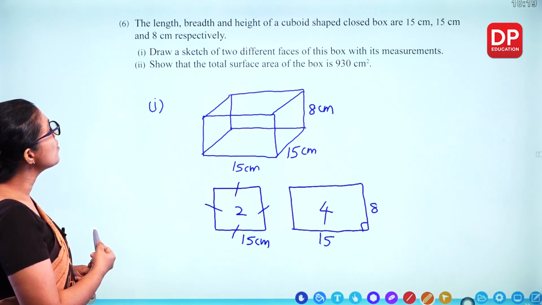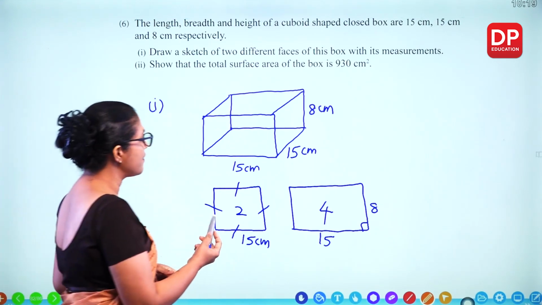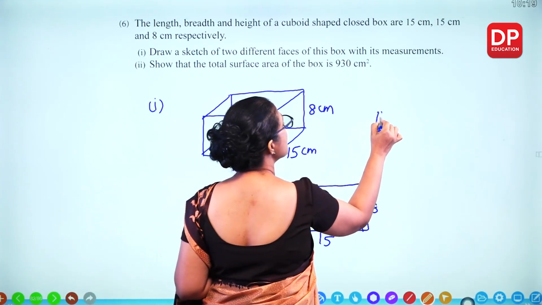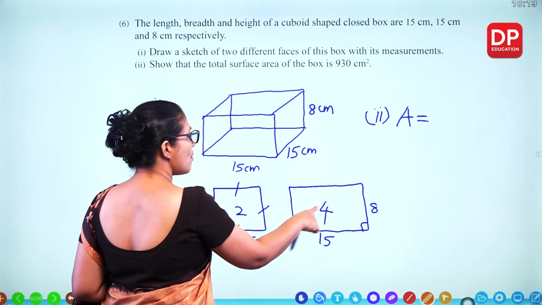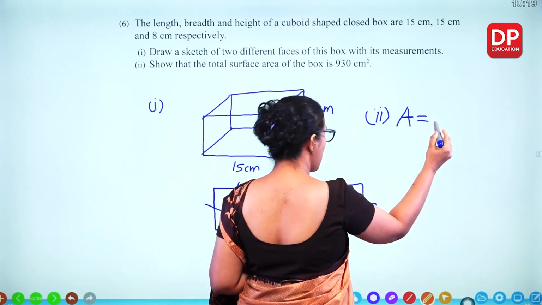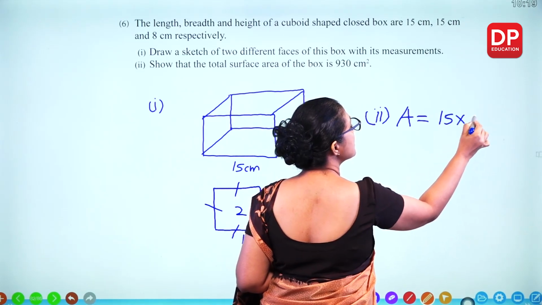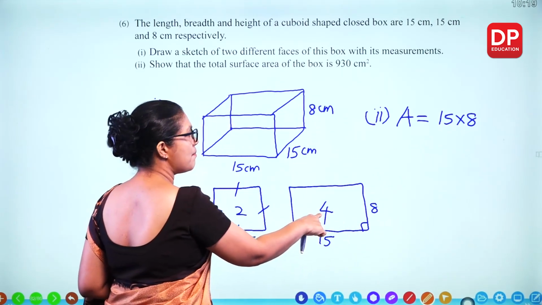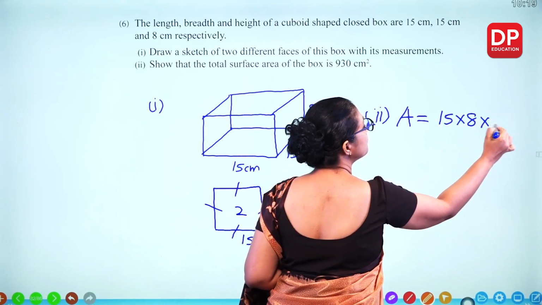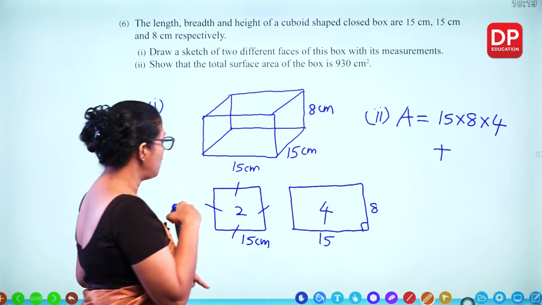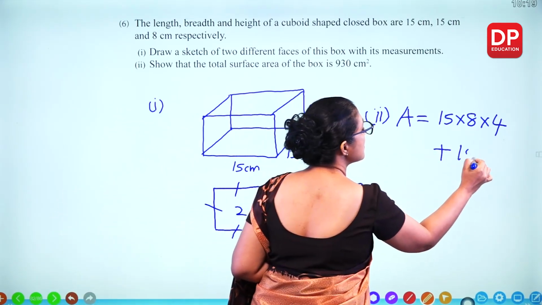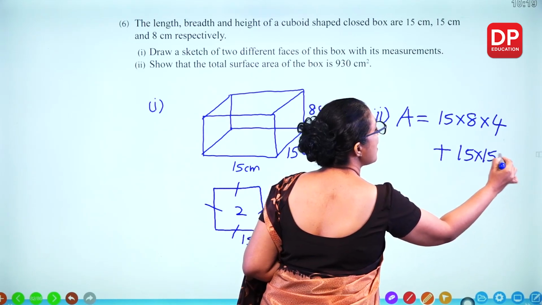So show that the total surface area of the box is 930. So what's the surface area? First find the area of the rectangle, 15 times 8, and then multiply by 4. Find the area of the square, 15 times 15. Multiply by 2.